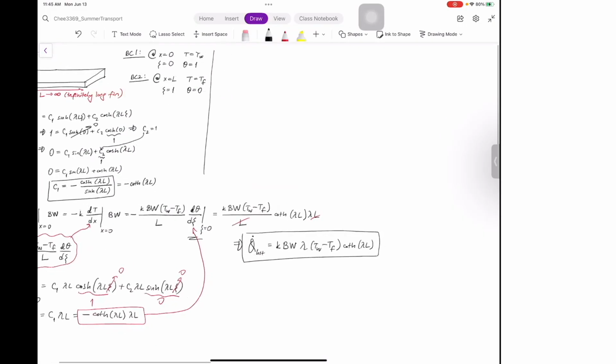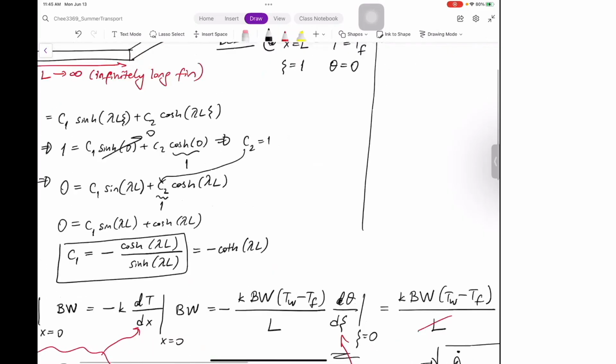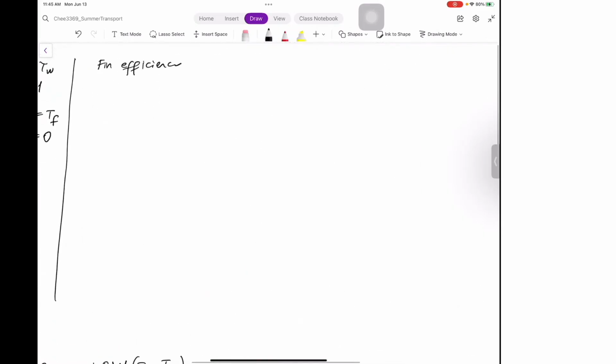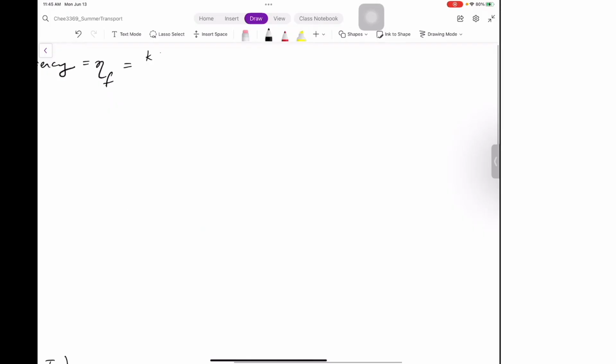So can we calculate the fin efficiency? Which is equal to this, k B W lambda T wall minus Tf cotangent hyperbolic lambda L, divided by the hypothetical or theoretical heat loss if the entire fin were at T wall, right?